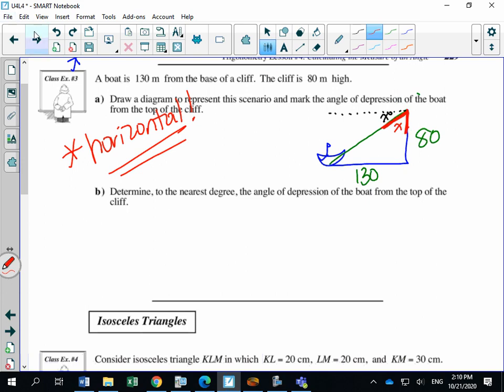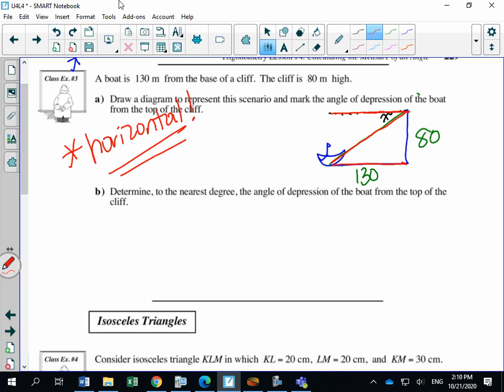So that is not the angle of depression. So I'm going to get rid of that. The horizontal is this guy to here. Make your Z. Find your Z. So we're going from here, down, and across. Once you have your Z, the angle of depression is equal to what?